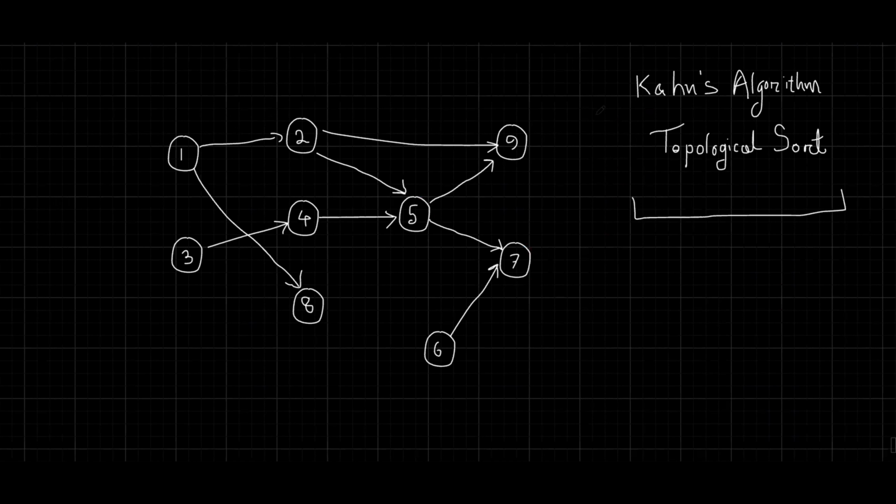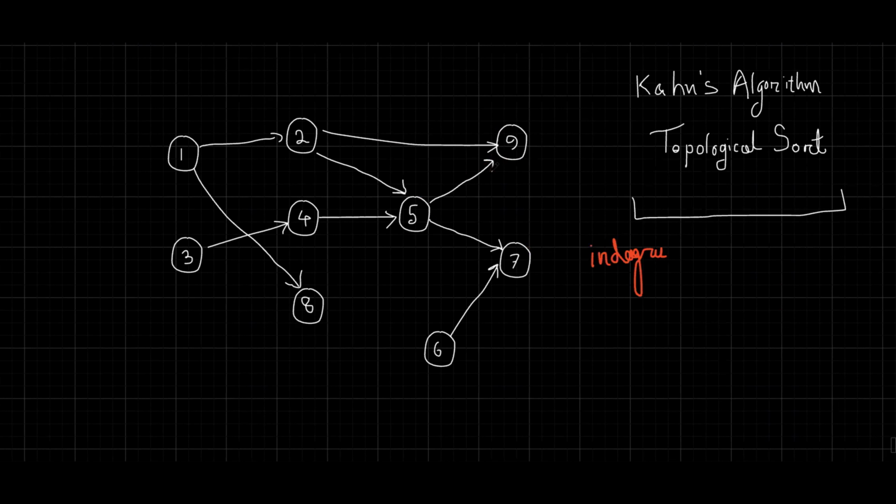Before jumping into Kahn's algorithm, we have to understand one thing, which is in-degree. In-degree is the number of edges coming towards a node. That means for node 9, the in-degree is 2, because there are 2 edges coming towards 9.